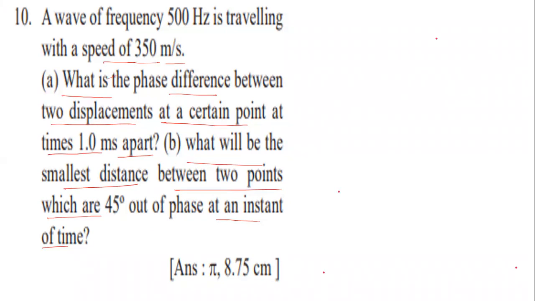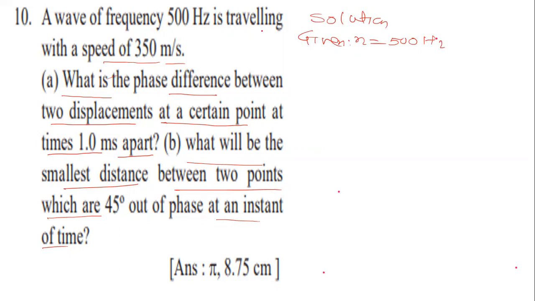So here we have to solve this problem. Let's first write here given. Here the frequency of the wave is given. Frequency, let's say n, is equal to 500 Hertz.